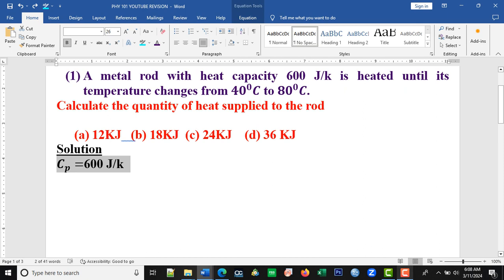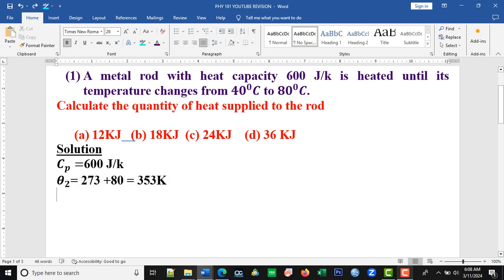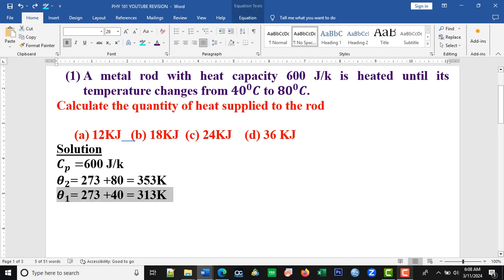Solution: the heat capacity is given. Then we convert the second temperature, 80 degrees Celsius. We add 273 and it gives us an equivalent value in Kelvin. We also convert the 40 degrees Celsius to Kelvin.